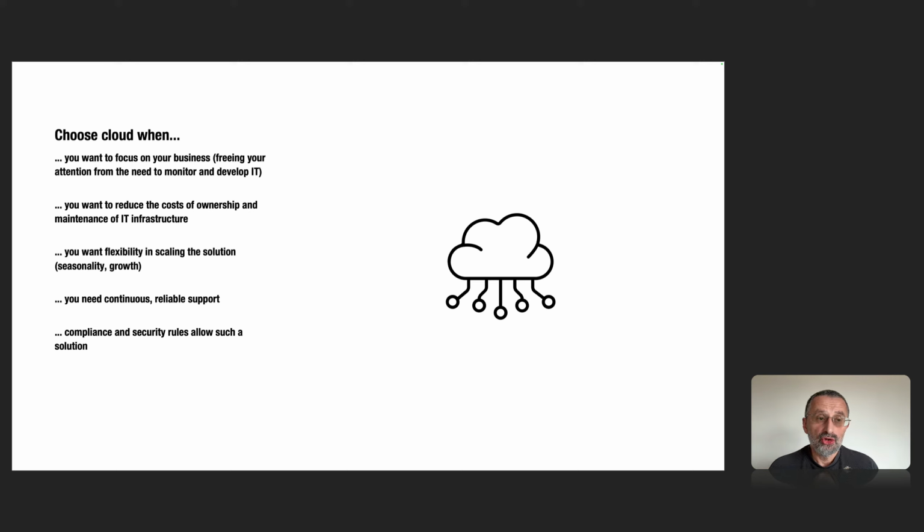Next, choose cloud when you want flexibility in scaling the solution, like for seasonality or growth, specifically nowadays when you have major technologies of so-called serverless computing, where you do not need to run a dedicated server to host your apps.